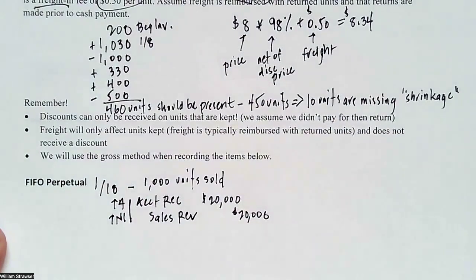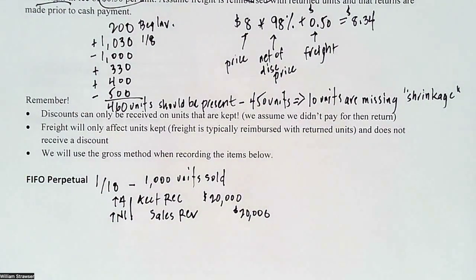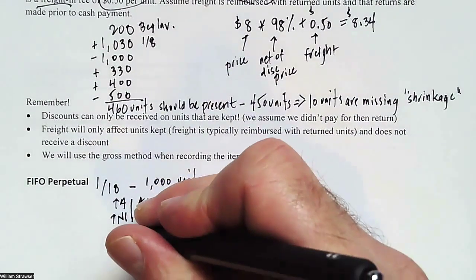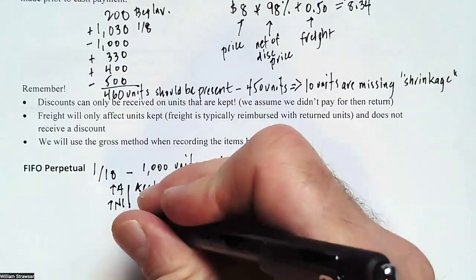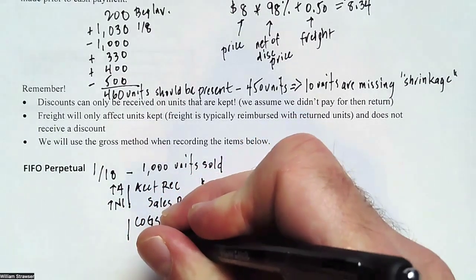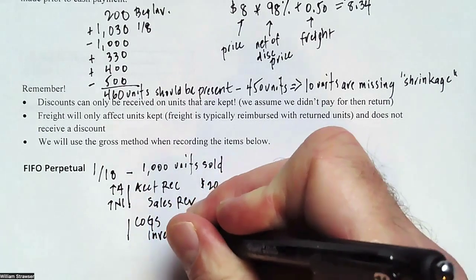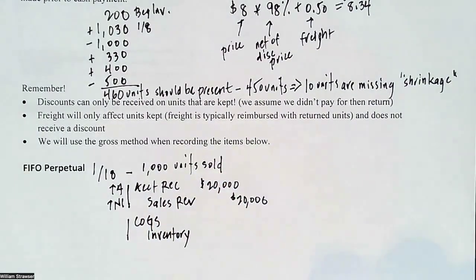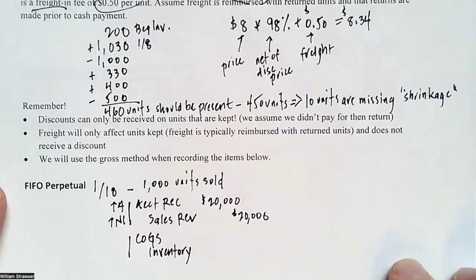Now, because we recorded the revenue and the sale, and we're using the perpetual method, we now absolutely have to record cost of goods sold along with this. The only thing that can be problematic really here is determining how much cost of goods sold should be.